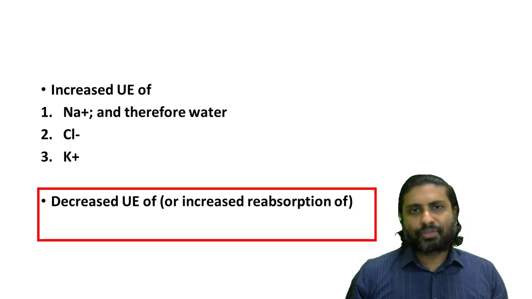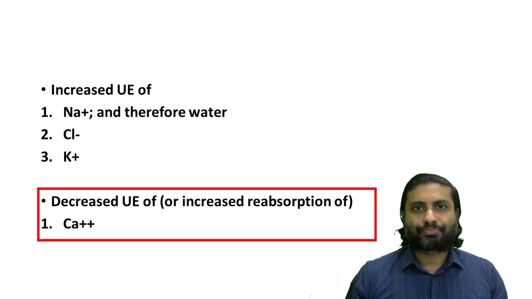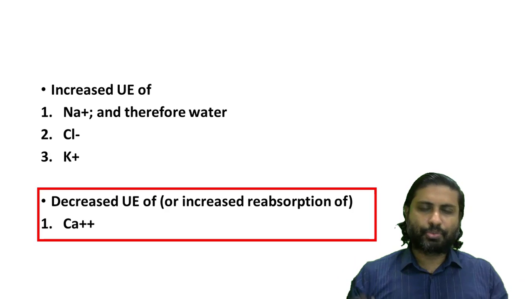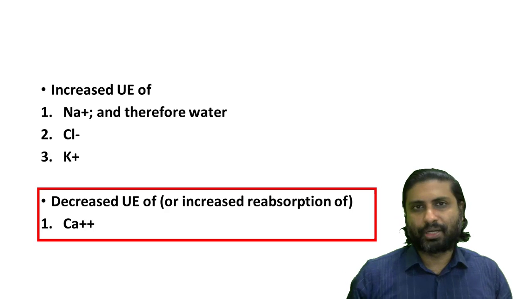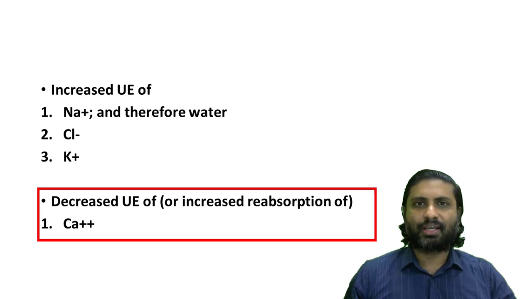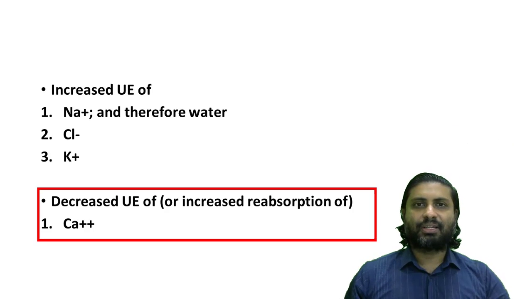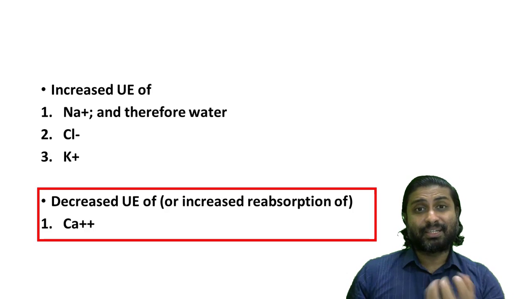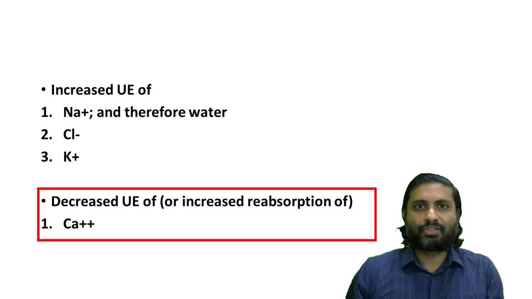So the administration of thiazide diuretics would actually cause increased reabsorption of calcium. So that's the difference between a thiazide diuretic and a loop diuretic. A loop diuretic would waste calcium in the urine, while a thiazide diuretic would actually result in increased conservation of calcium.